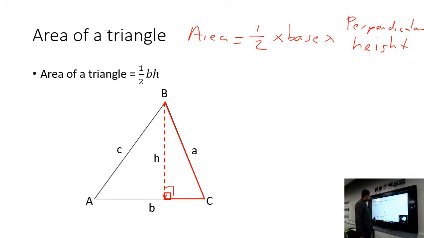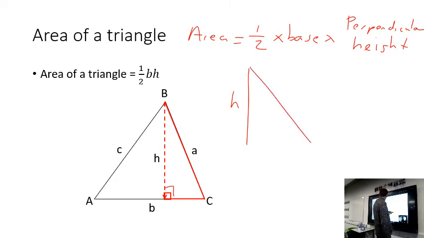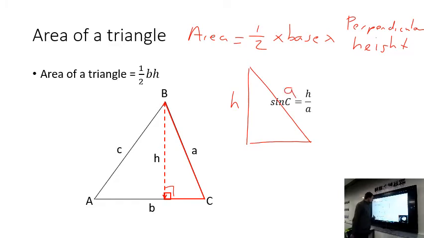So let's find ways of working out the perpendicular height. I'm going to draw a nice little triangle here. Here this is my h value, and here this is a, this is the hypotenuse, and I've got the angle C. So I'm looking for a trigonometric function that relates the opposite, which is h, with the hypotenuse, which is a.